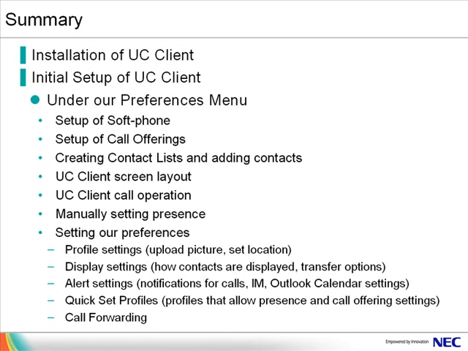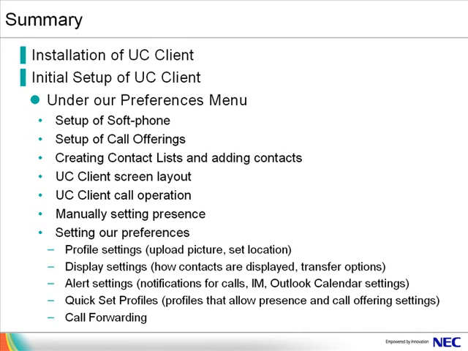We're going to want to set up our call offerings to make sure the various devices that we want to ring will ring, and define what our default device is. We're going to want to create contact lists and add contacts to them so that we can quickly get to the coworkers that we work most often with.